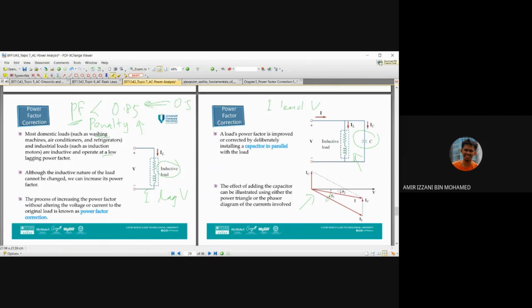This is V and I, this is real, this is imaginary. This is P. We want to reduce this Q component so that the angle becomes smaller and contributes to a better power factor.